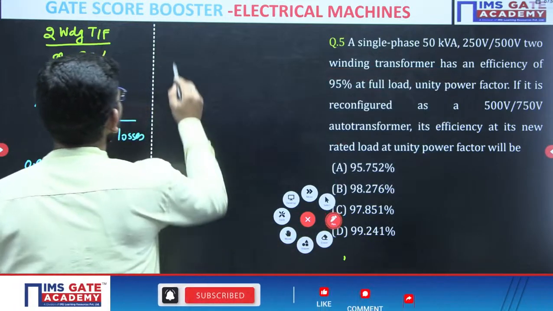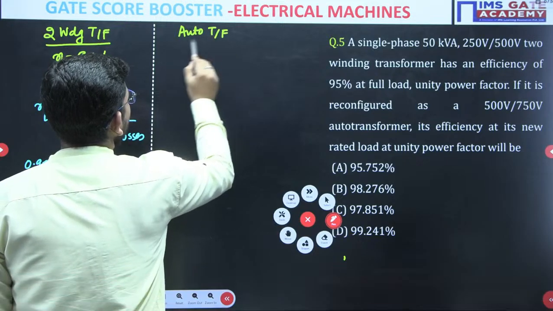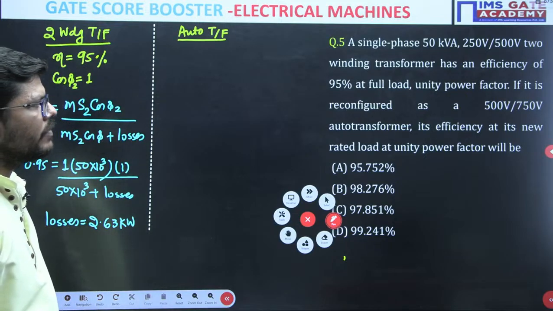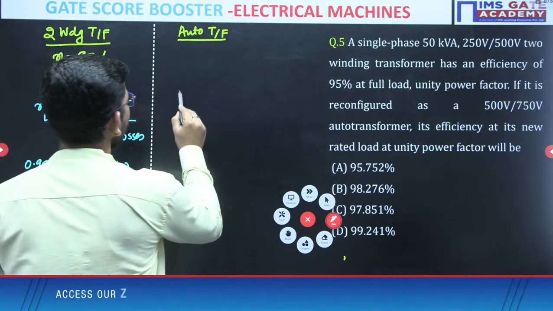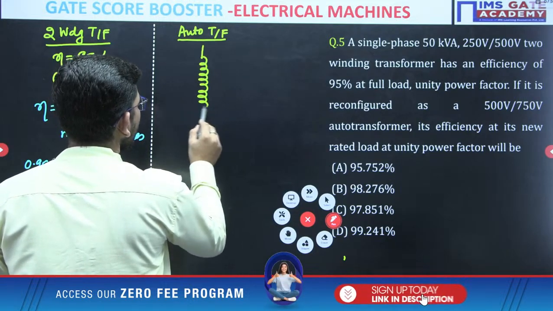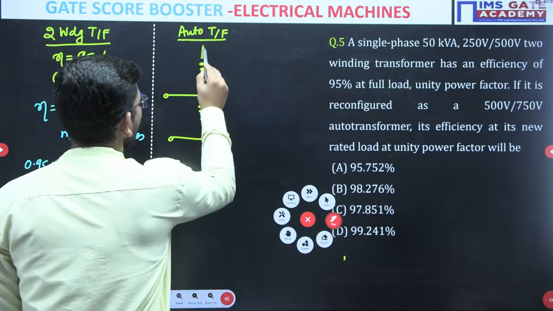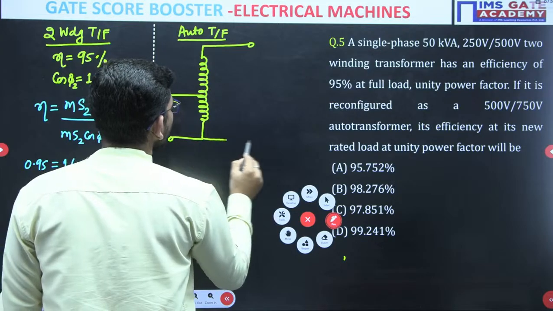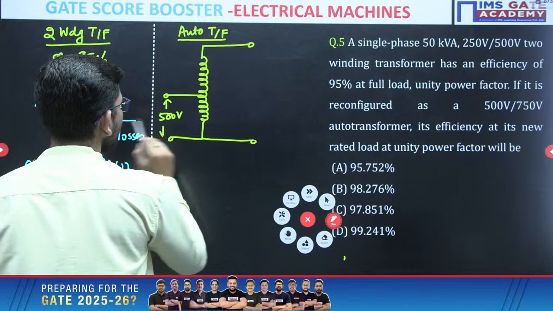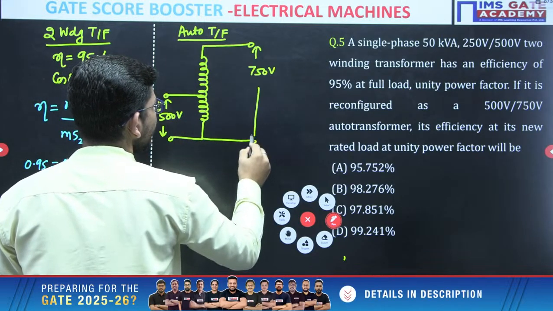Now when it comes to the auto transformer, how have we configured it? As 500 volt and 750 volt. Suppose this is the auto transformer, 500 volt at its primary side and 750 volt on its secondary side.